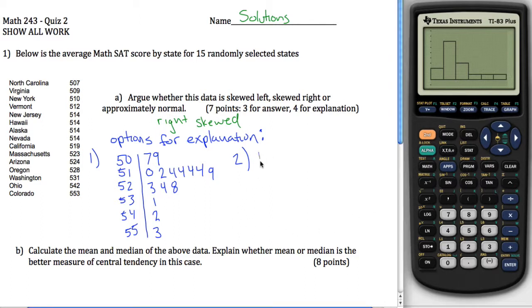Maybe I'll say histogram from TI. That looks something like this.